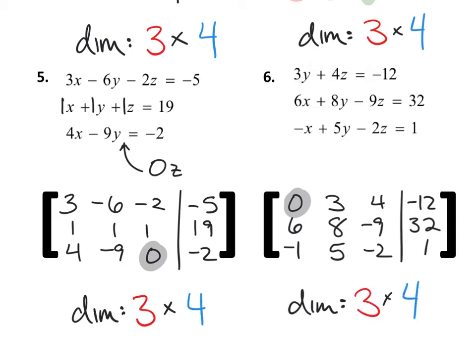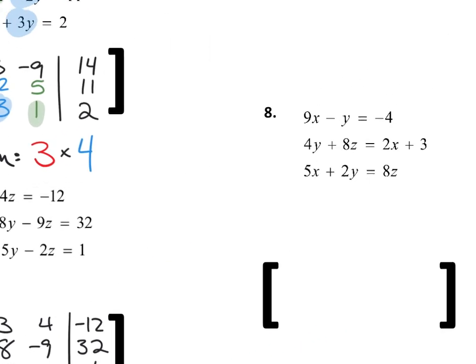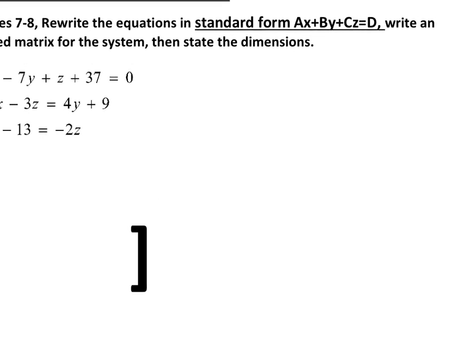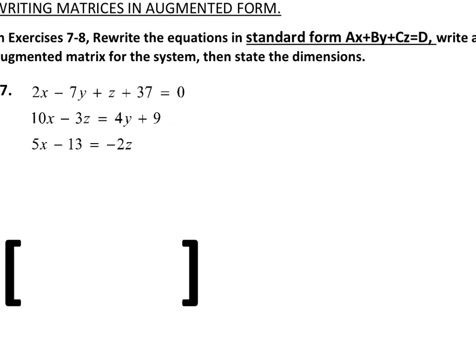Okay, great. So here's again, the only way it can get any more challenging than this to write a matrix is if the equations look like number 7. What do you notice about what's happening in number 7? Yeah, we got numbers all over the place. In the first one, that constant of 37 is on the wrong side.